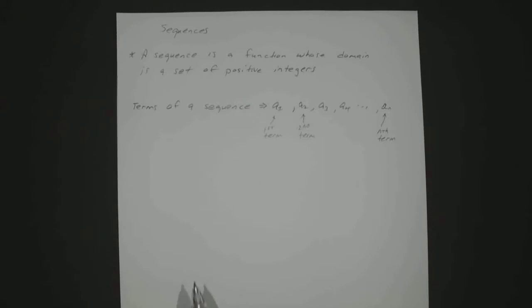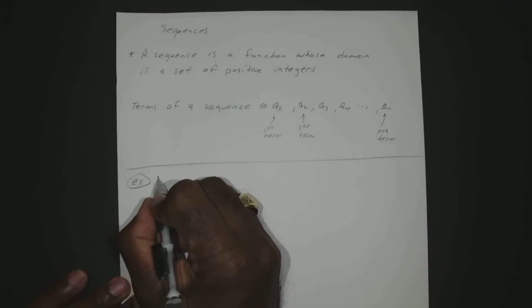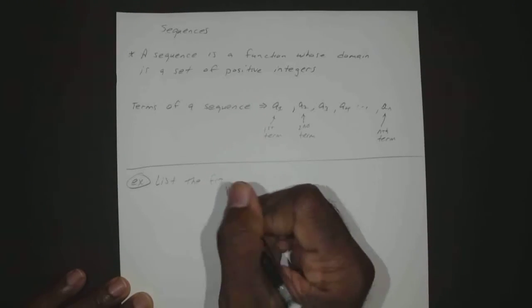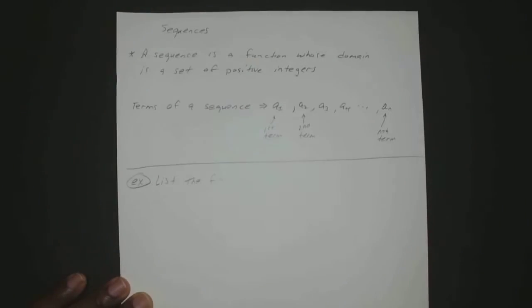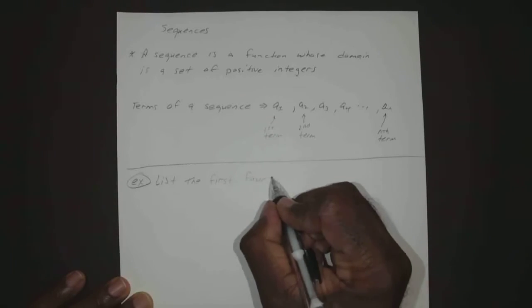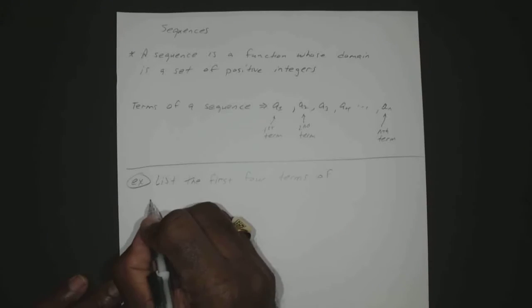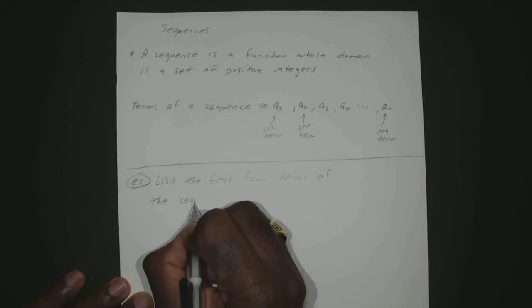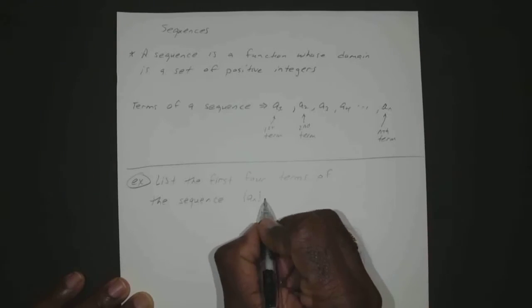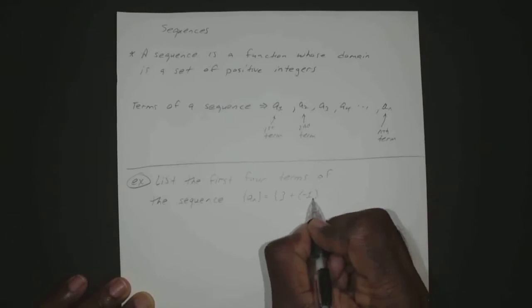All right, so let's say, for example, we wanted to list the first 4 terms of, let's say, the sequence a sub n equals 3 plus negative 1 to the power of n.